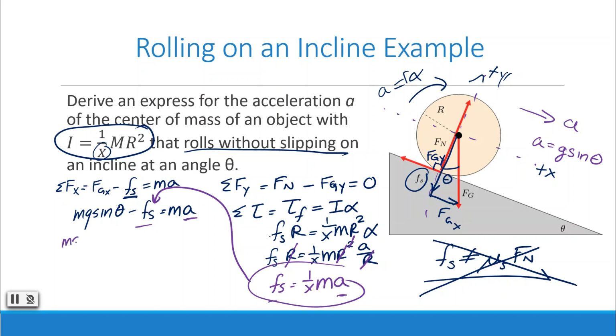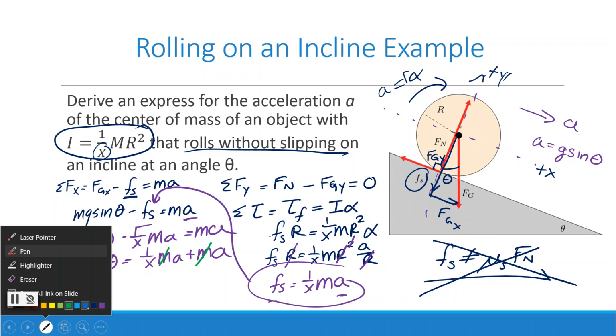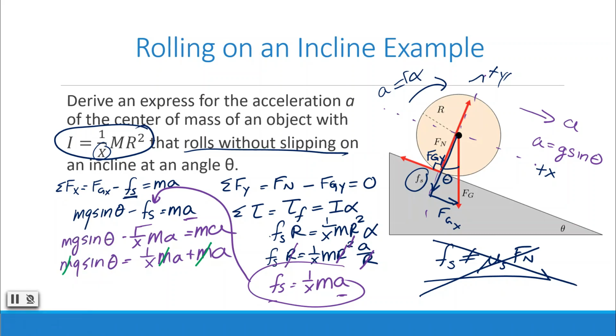Fs, sorry, mg sine theta minus 1 over x ma is going to be m times a. I'm going to get the a terms on the same side, so I get mg sine theta is equal to 1 over x ma plus ma. Notice actually that the mass cancels out as well. So the mass doesn't matter, the radius doesn't matter.